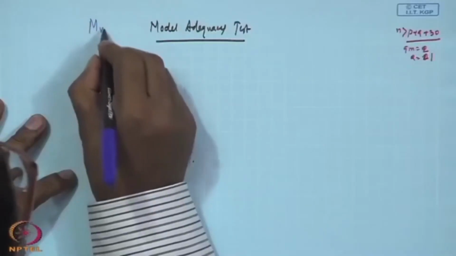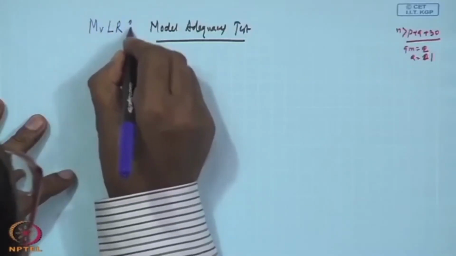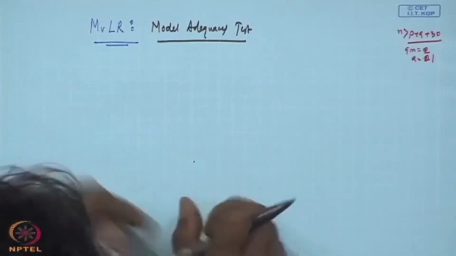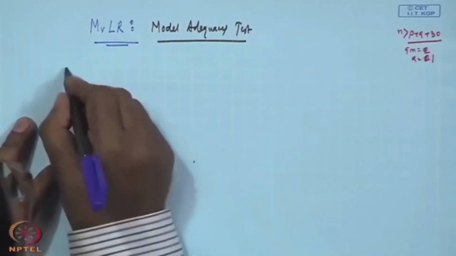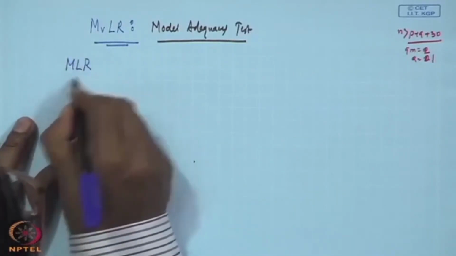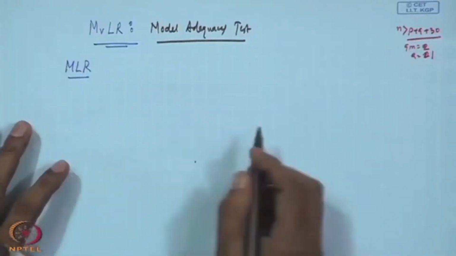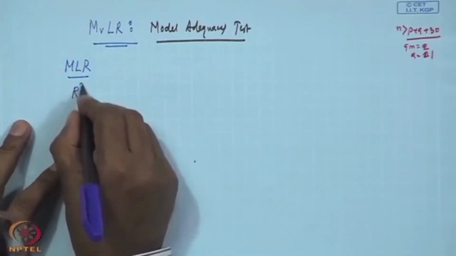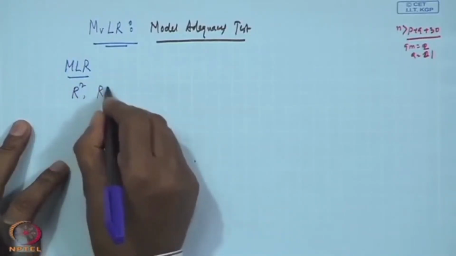We will continue multivariate linear regression, and now we will discuss the model adequacy test for multivariate linear regression. If you recollect multiple linear regression, we have considered R square, adjusted R square.